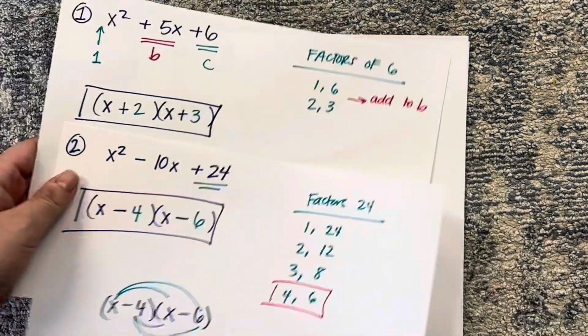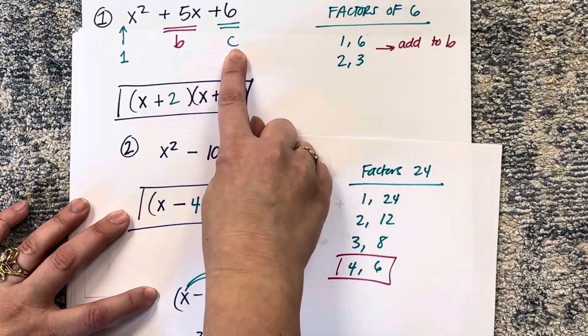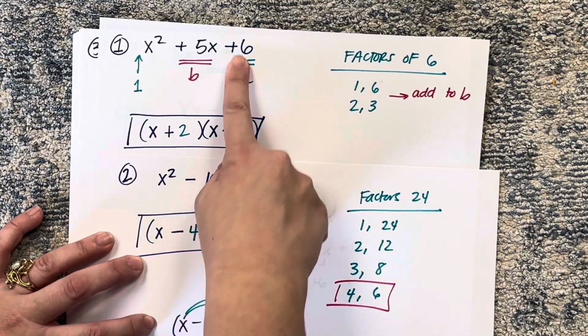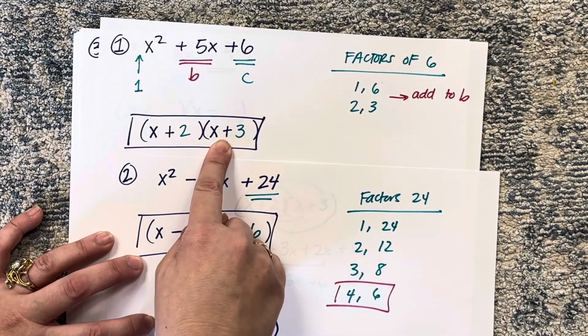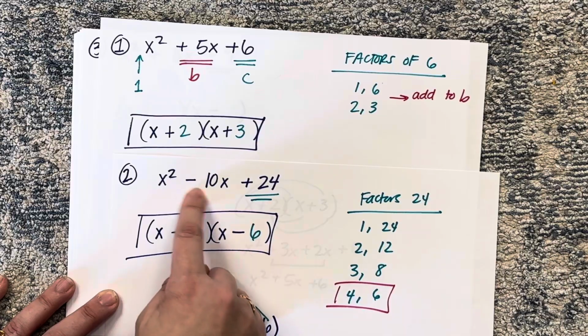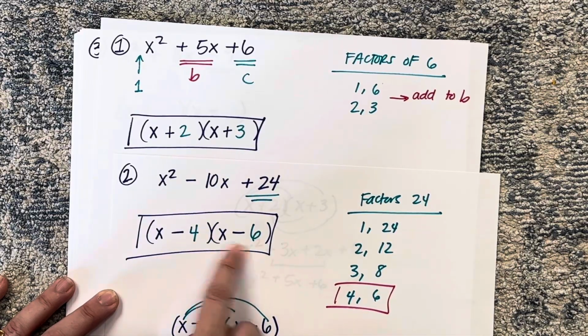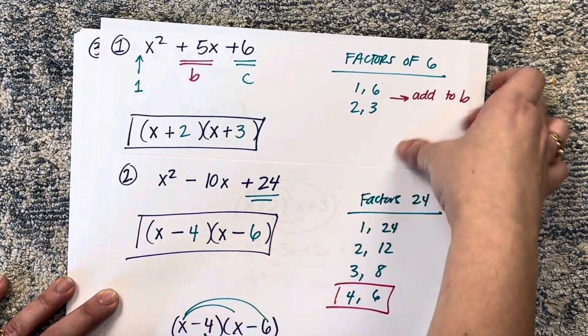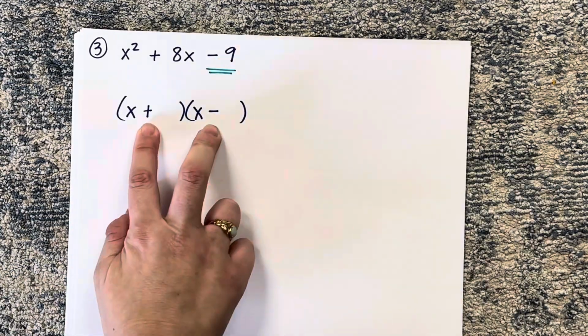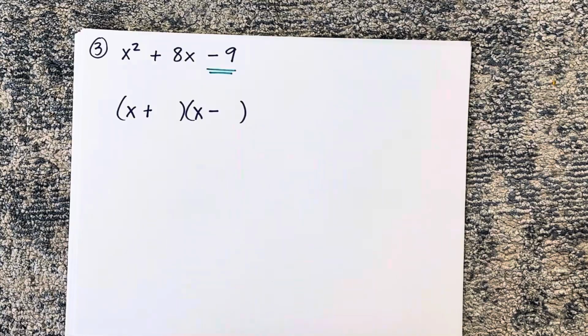Unlike everything we've done so far. Here's problem number 1, it had a positive C, both signs were the same, both signs were positive. Positive C, but negative B, both signs are still the same, they're just both negative. Versus over here, now I have a negative C, these signs are different, they're opposites, okay?